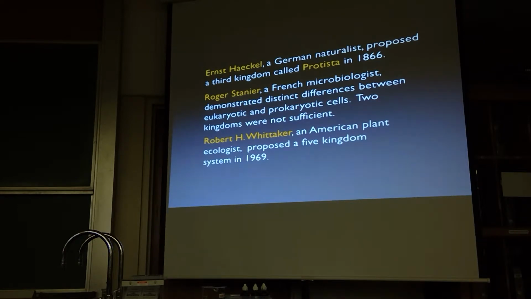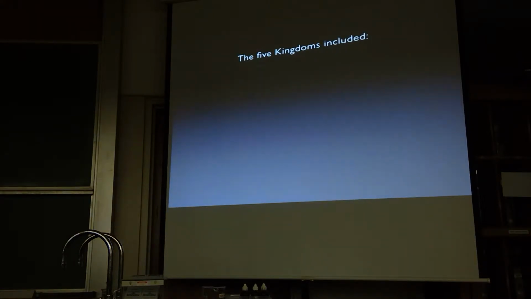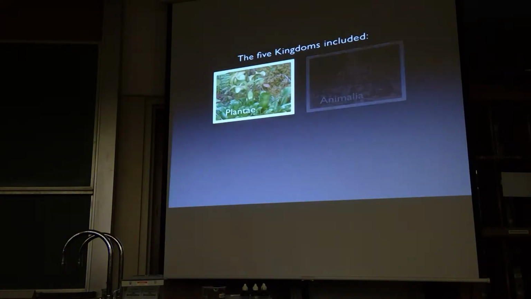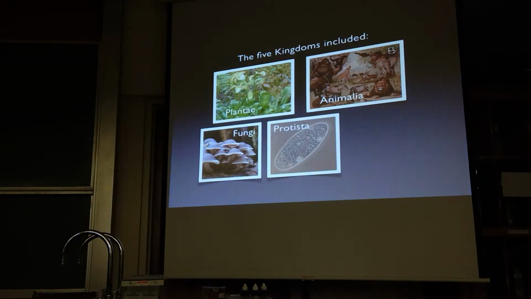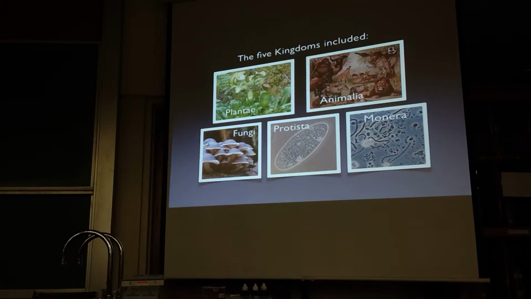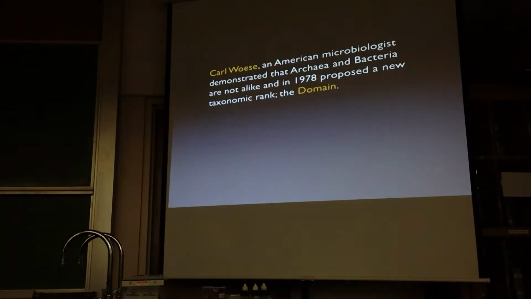They just don't work as plants. And then those ones that don't have nuclei, put them in a separate kingdom. They're going to be the kingdom Monera, that's what he called it. So the five kingdoms, again: Plantae, Animalia, Fungi, Protista, and Monera. Monera was everything prokaryotic. Well, that sounded like a good thing for a while.